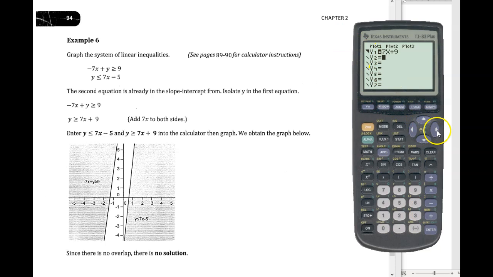Let's go to the second one. We have y is less than or equal to 7x minus 5. So I want to put 7x minus 5. And then I want to select the less than, shade below. And here we go. That's how the window would look for the y equals. Now let's graph it.